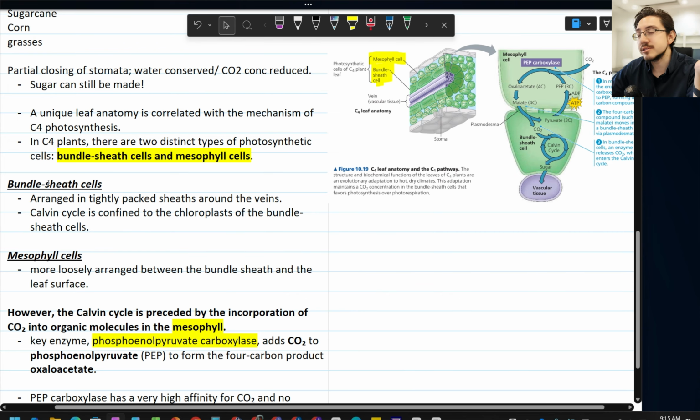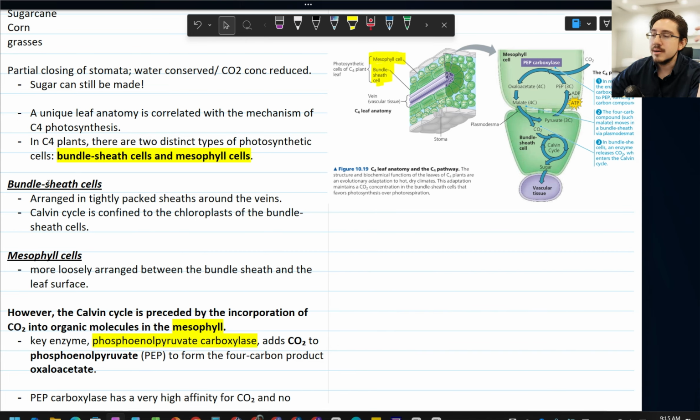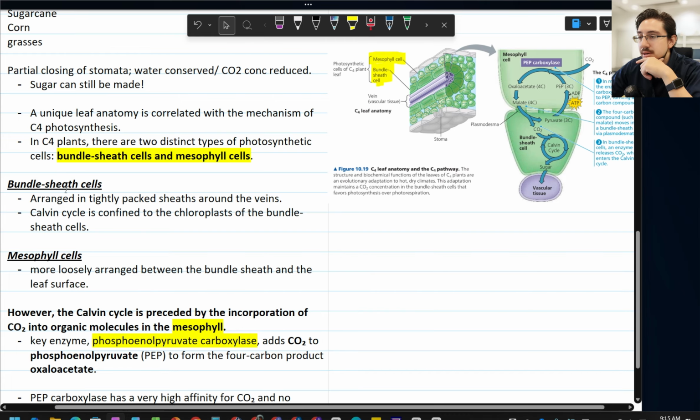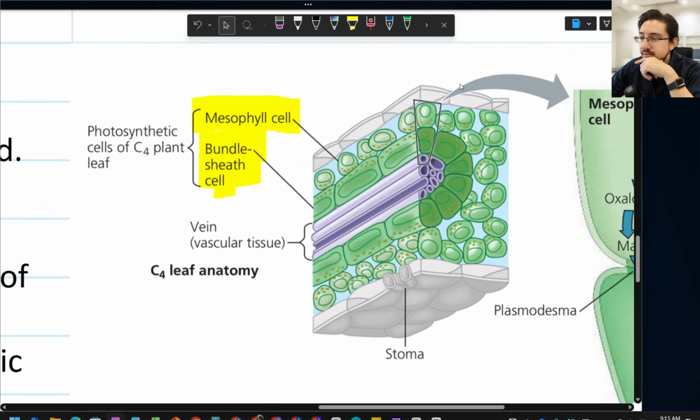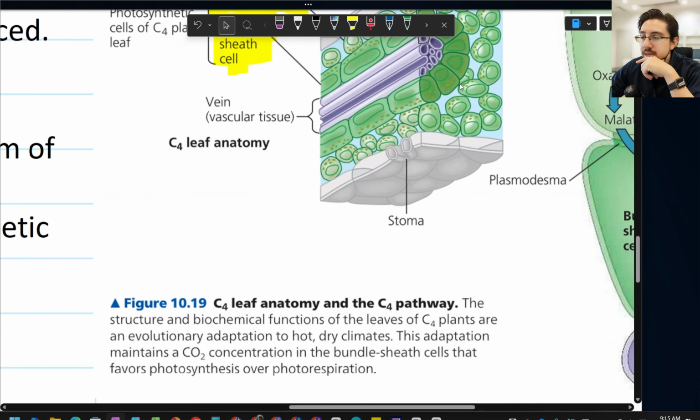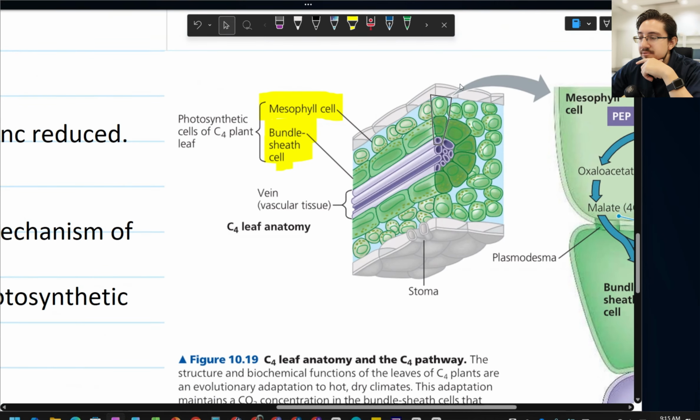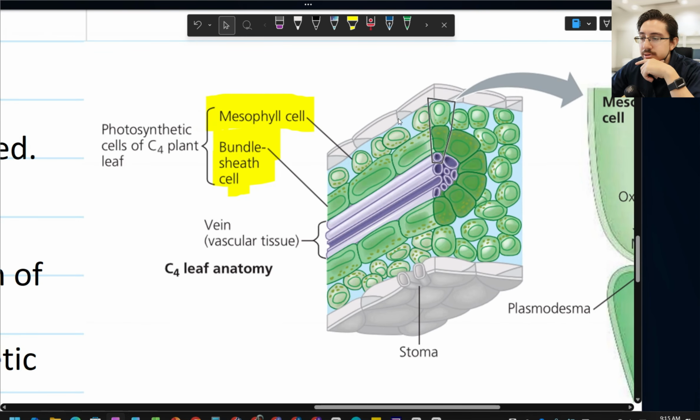You have your mesophyll cells that you probably remember from the chloroplast and the leaf, talking about plant cells, and also bundle sheath cells. Just to show you their location, you have a leaf cross section here, and you have vascular tissue, the veins where water is moving up and down in one direction.